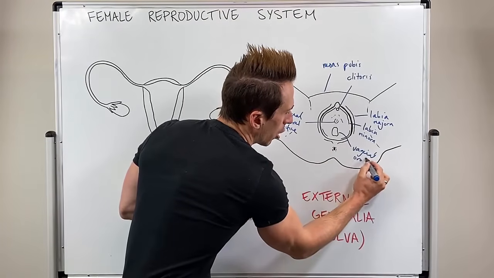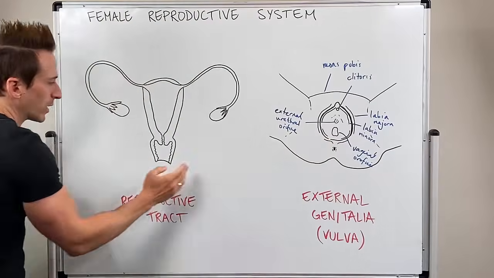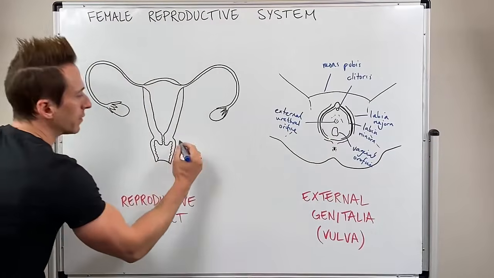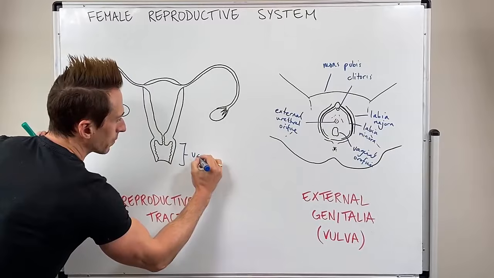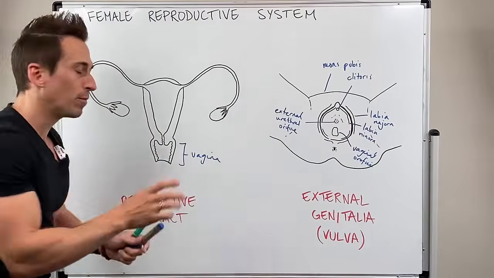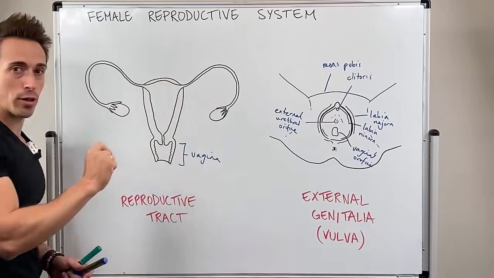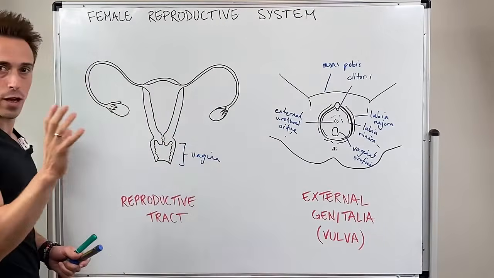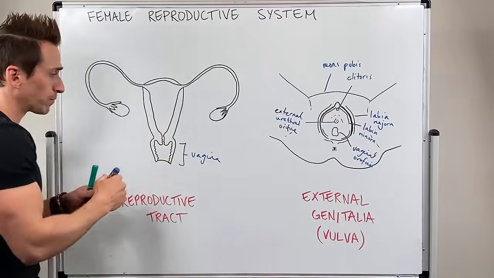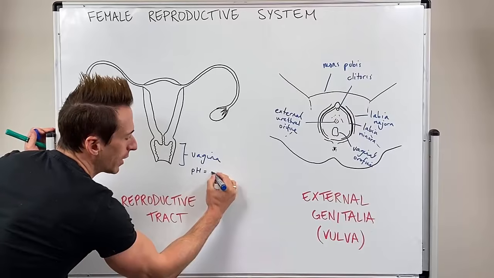Vaginal orifice. Now, the vaginal orifice, as we can see here, so here is the vagina. It plays an extremely important role in separating out the external environment from the internal environment of the female reproductive tract. Really important. And because of that, it actually has a pH that's quite acidic.